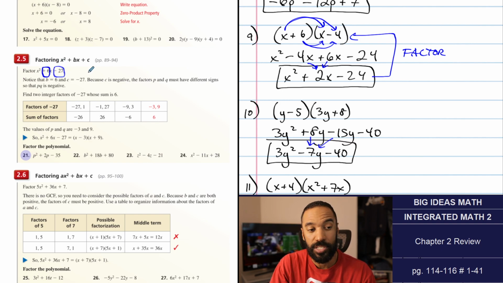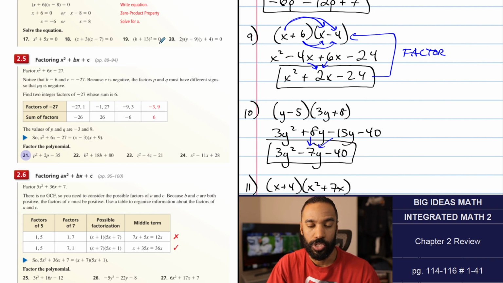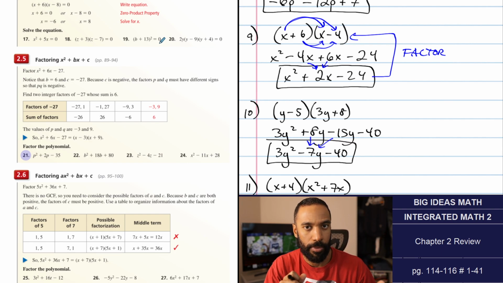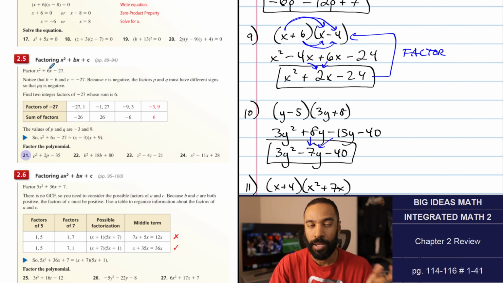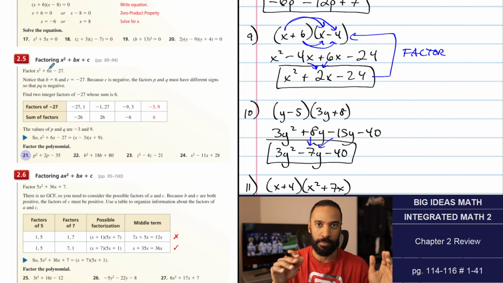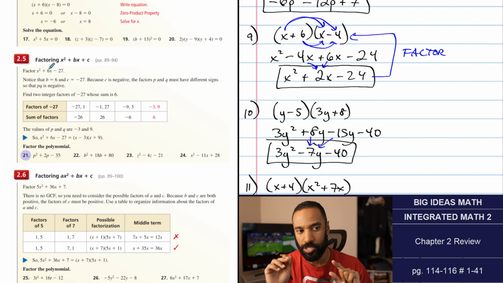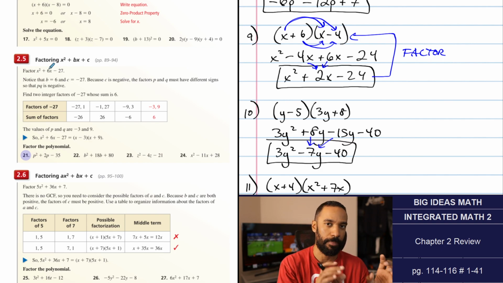The negative 27 is the product of the last 2 terms in your FOILing. And the 6 is the sum of the 2 terms from the outside multiplied plus the inside multiplied. And as you know, because they're x's in front only, it's just those numbers themselves.